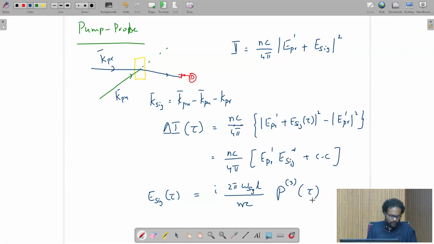You can show that my delta I of tau, omega, depends on the imaginary part of the signal. Expand this out and show that it is the imaginary part of the product of the probe field and my third order polarization.